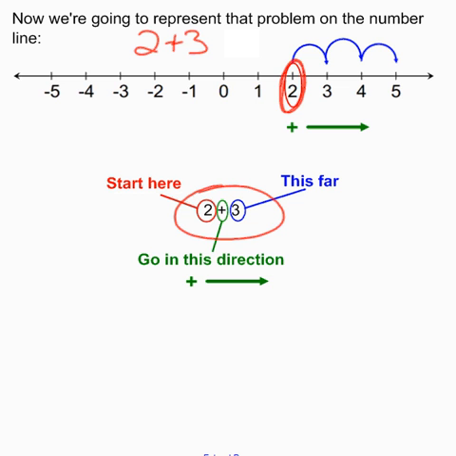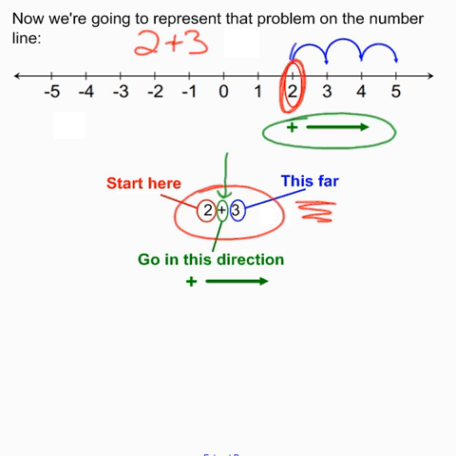The sign in between tells us which direction to go. If you look at that positive sign, that tells us to go in the positive direction. And then the second number tells us how far to go. So that's what we're doing up here.